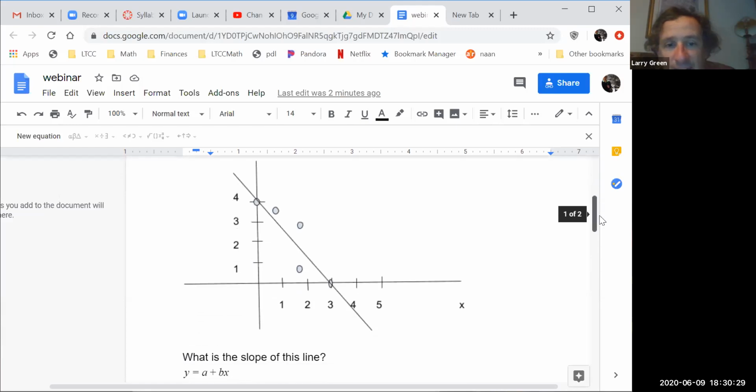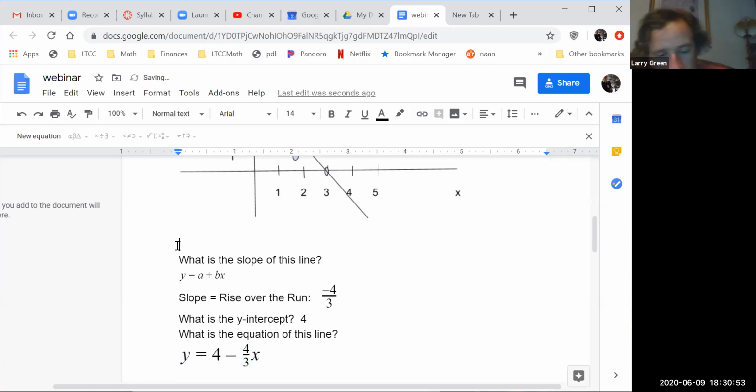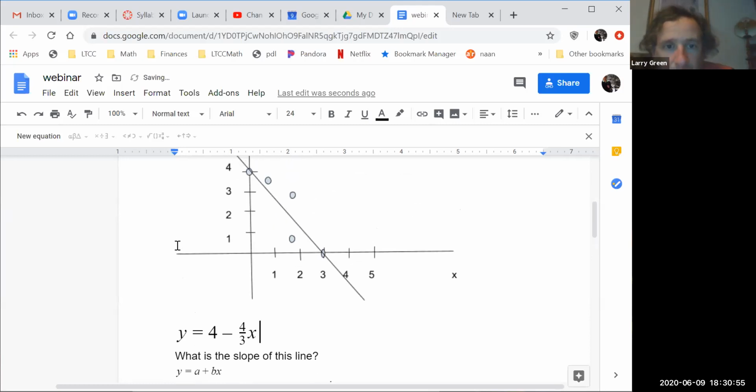So the idea here is we have this line, and what we want to do is use it. I'm going to use this line as the example because there's no reason to draw it again, and we already know the equation. So let's pop that equation at the top so we can see it.